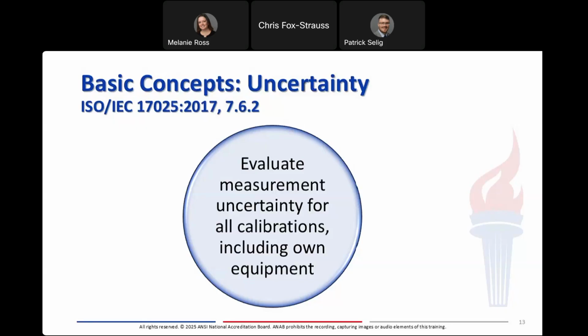If the laboratory pulls the calibrations in-house, they would then need to evaluate that measurement uncertainty for all of the calibrations performed. Again, that includes the own equipment of the laboratory, which is where the standard provides for the ability of testing laboratories to bring calibrations in-house when it makes sense.